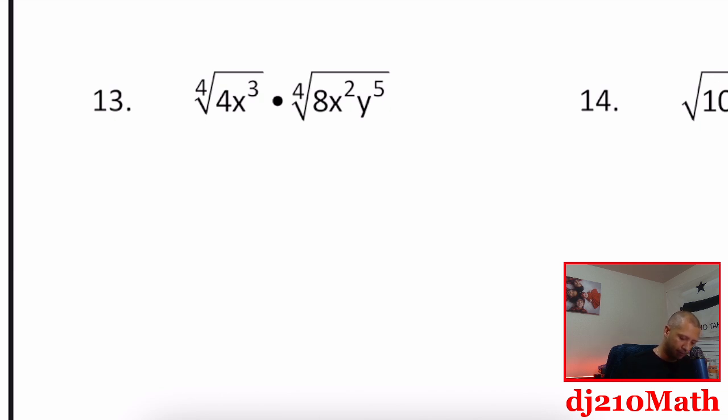This is going to be, so let's think about this for a moment. 4 times 8. Right, all this is going to be multiplied together. So all this is going to be underneath a big 4th root.